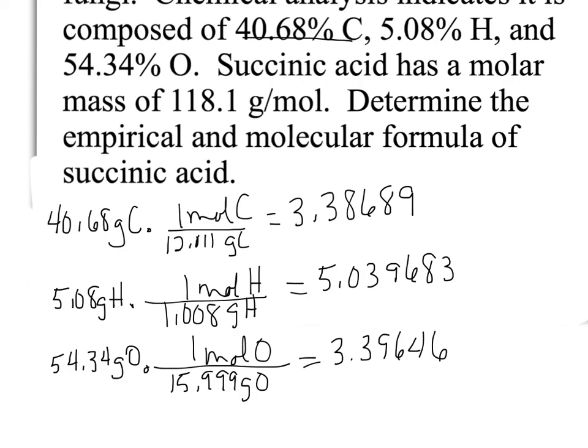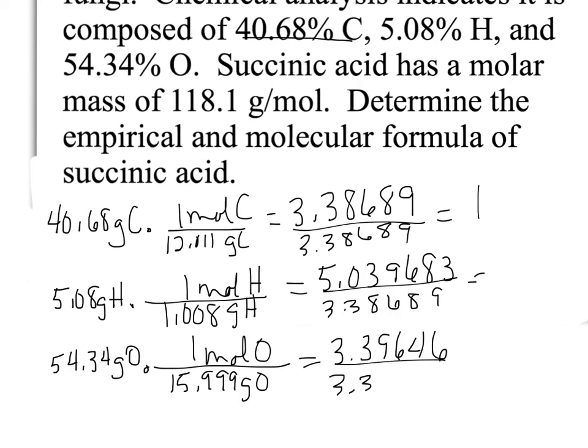Okay. So then the next step is to divide by the smallest. So this one's the smallest, just slightly. And we divide all of them by that. This is clearly 1. This is clearly close enough to 1.